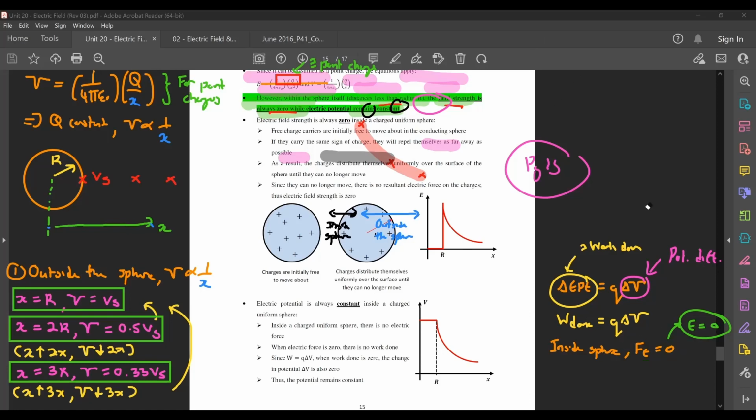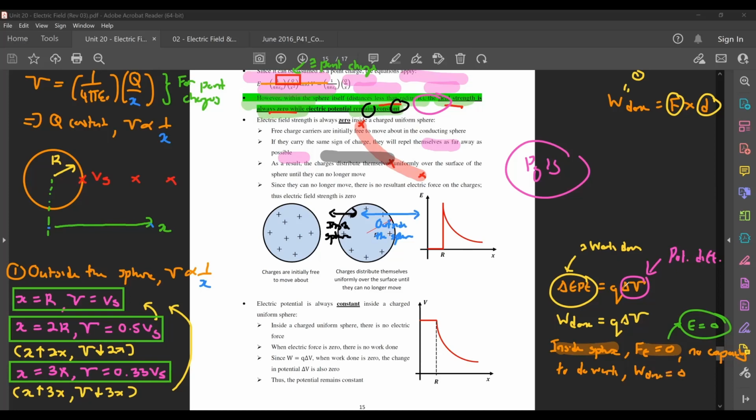When you're inside the sphere, your electric force is 0. You actually have no capacity to do work. Because for work to be done, you must have force times distance moved. In the first place, your charge doesn't move. And in the second place, your force is also non-existent anymore. So obviously your work done will be 0, right? So because your electric force is 0, you have no capacity to do work. Okay? Work done is actually 0.